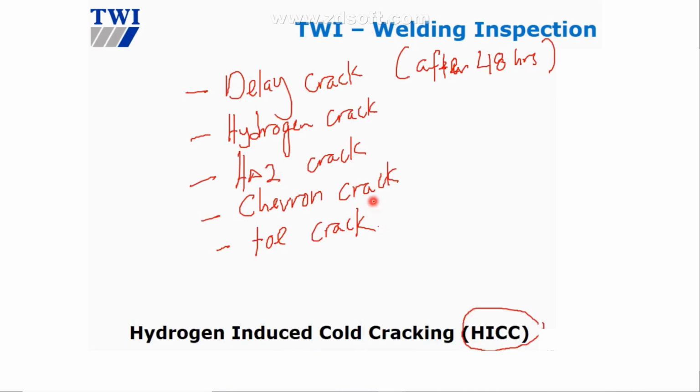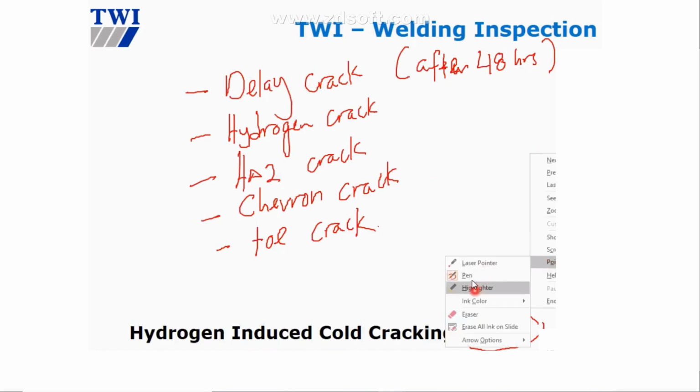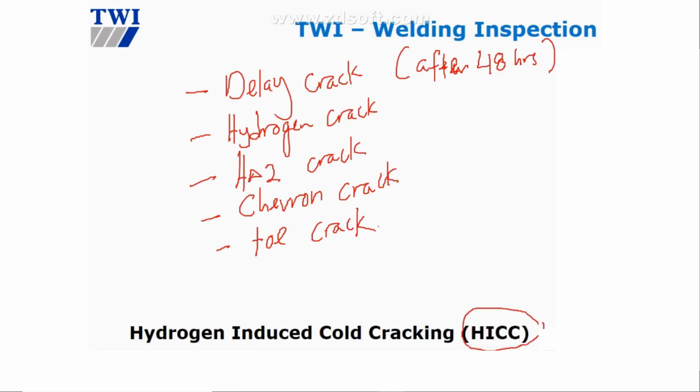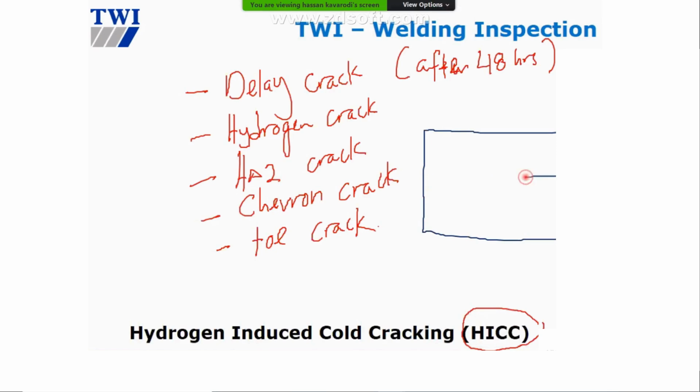Chevron crack, because it occurs in the weld transverse or at 45 degrees. For example, we have a weld plate, and then we have the weld here, the weld center line.